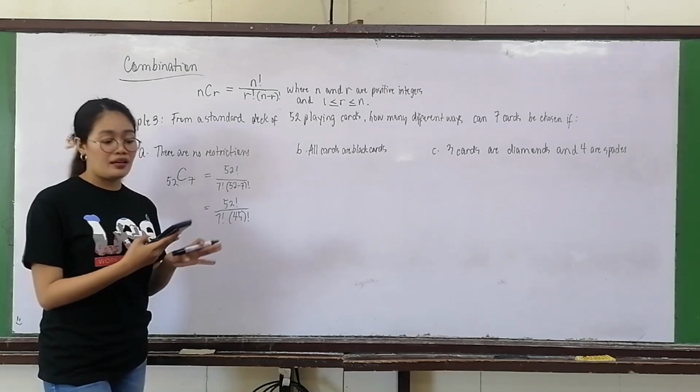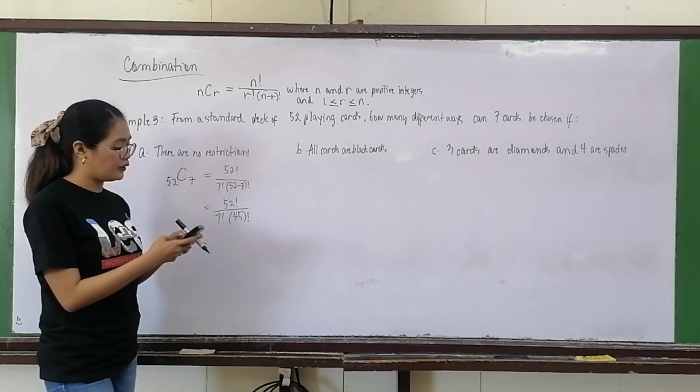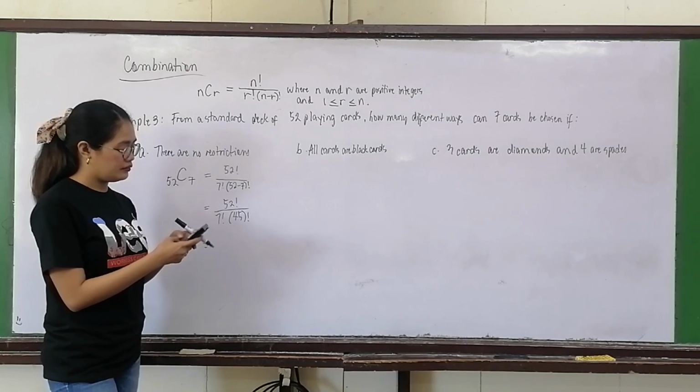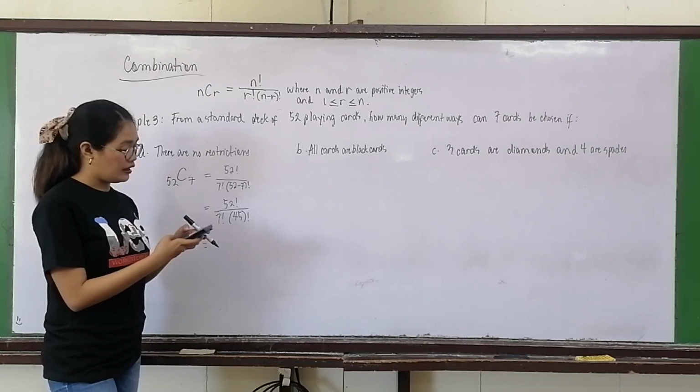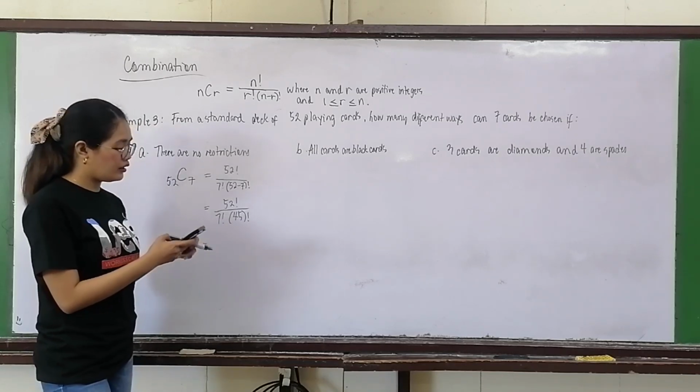you can use your calculator for this. 52 factorial divided by 7 factorial times 45 factorial.